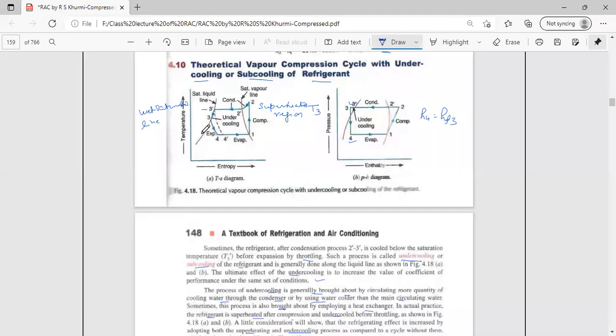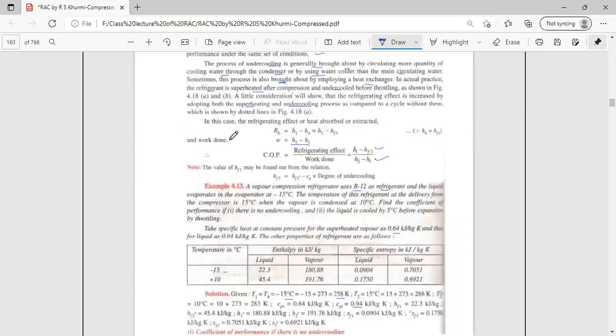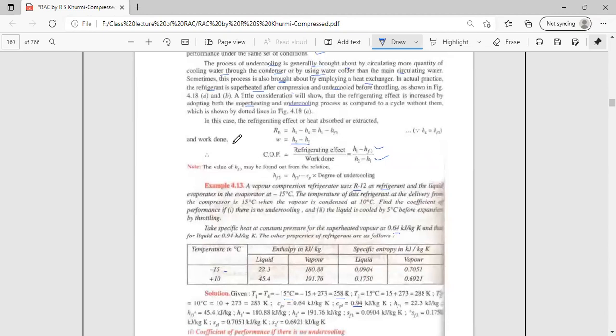From this stage it will reach the fluid stage here. So if it is touched here, then h is hf1, which is at the saturated liquid state, and that is given as the enthalpy at liquid state, equal to minus 22.5 kJ per kg.